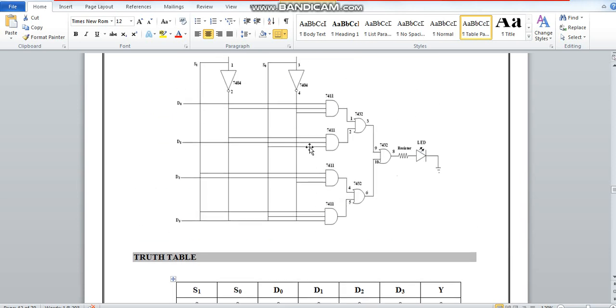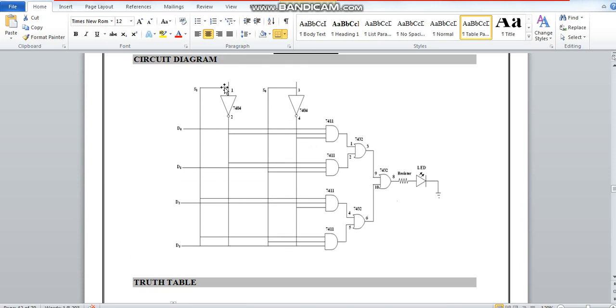The circuit diagram goes like this. You have 2 selection pins, which take the values 0, 0, 0, 1, 1, 0 and 1, 1. To take the alternate values of 0 and 1, a NOT gate is put here. When the input is 1, the NOT gate output is 0, and when it is 0, the NOT gate output is 1. And these are the data lines.